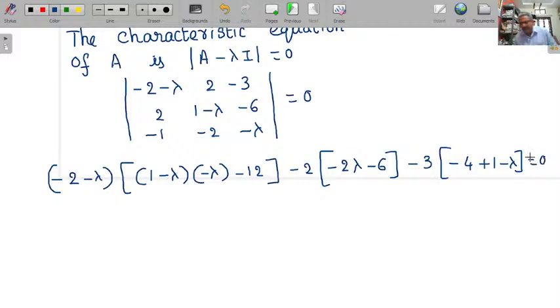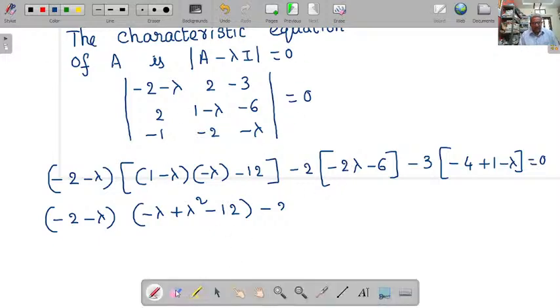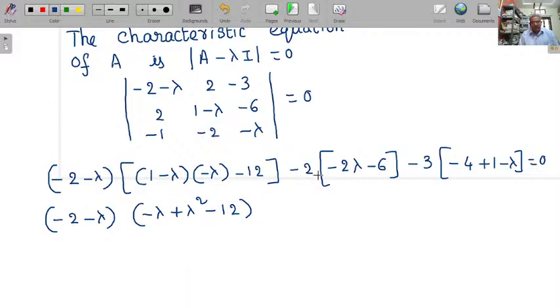So let us simplify. You must be very patient while calculating. So this is minus lambda into 1, negative lambda, and negative lambda into negative lambda, that is positive lambda square, and negative 12. And negative 2 times, so now wait for a while. Directly we can simplify. Now this will be plus 4 lambda plus 12.